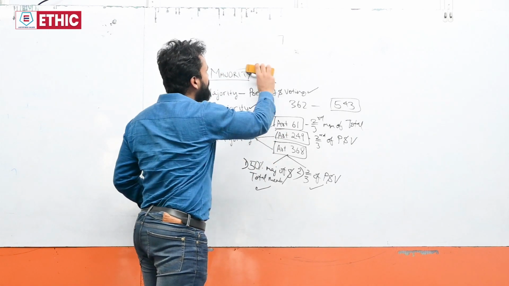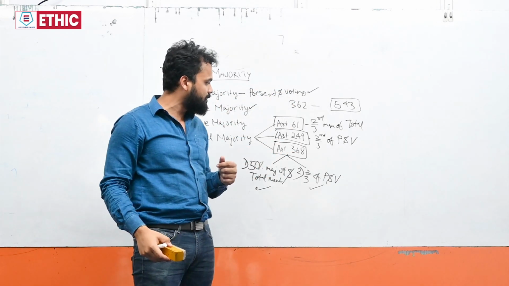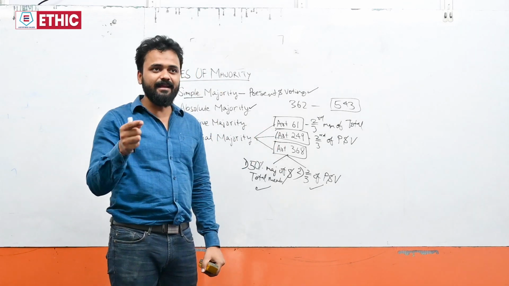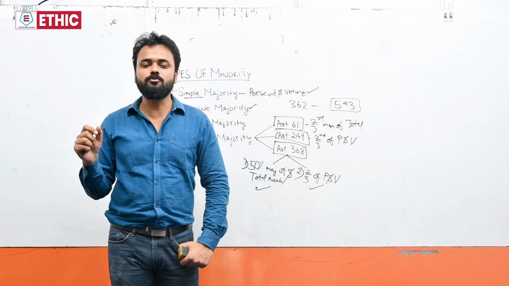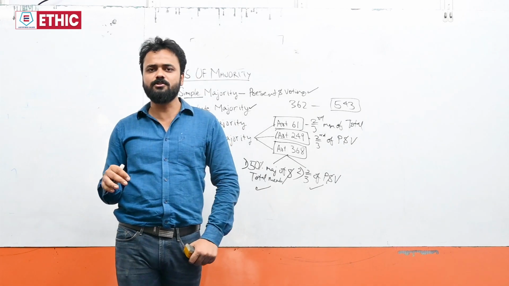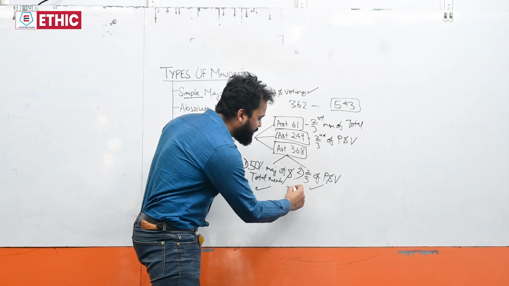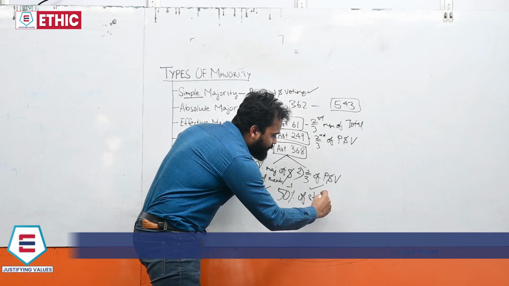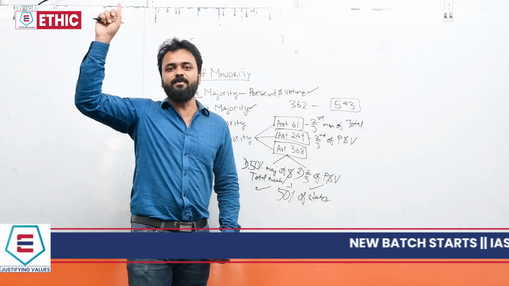Right? So this is how we do constitutional amendments under Article 368. Now adding to that, if any bill looks to change or affect the federal structure of the nation, then along with these two conditions, you also need 50% of all the states to pass the bill by simple majority.